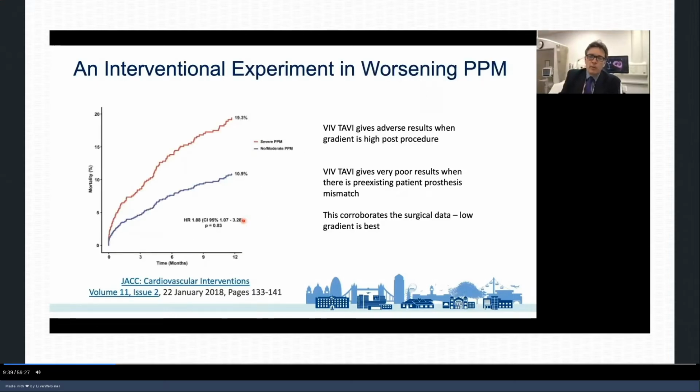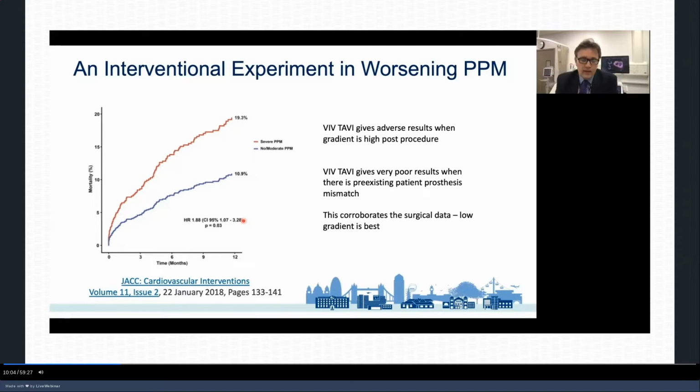Now, we've got a fantastic natural experiment, or unnatural experiment perhaps, to explore this further, which is valve-in-valve TAVI. And there's a very consistent data set that shows that if the valve area is taken into the severe patient prosthesis mismatch range because of a TAVI inserted inside of a bioprosthesis, then this has an adverse effect.